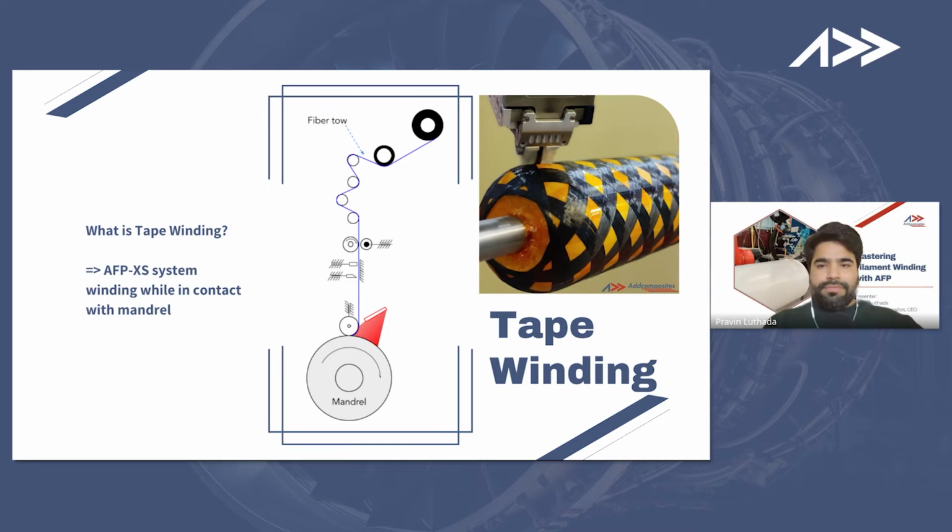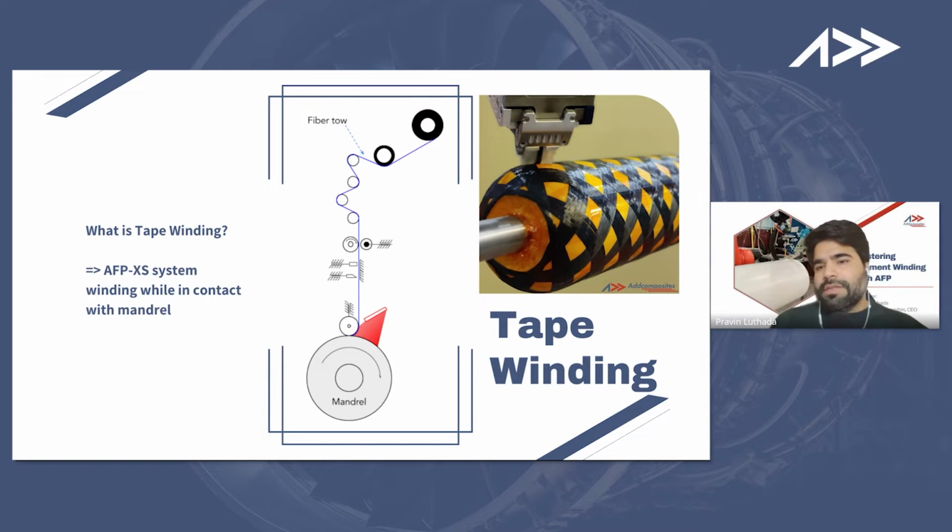Given that we now have an AFP that is able to do up to this extent, the need for a filament winding system comes into question. Why do we need a filament winding system where tape winding systems are already quite capable of doing the circular geometries?